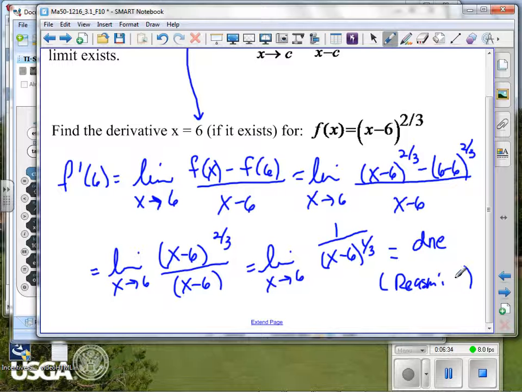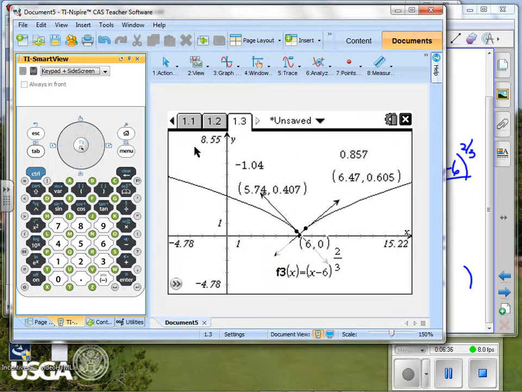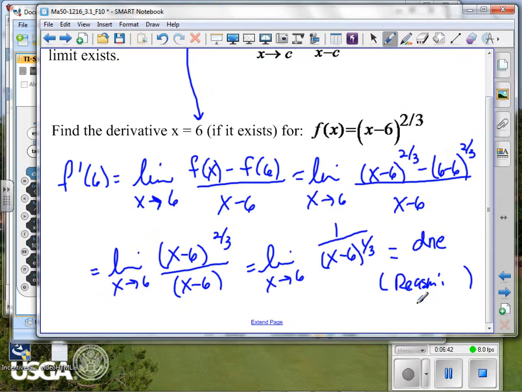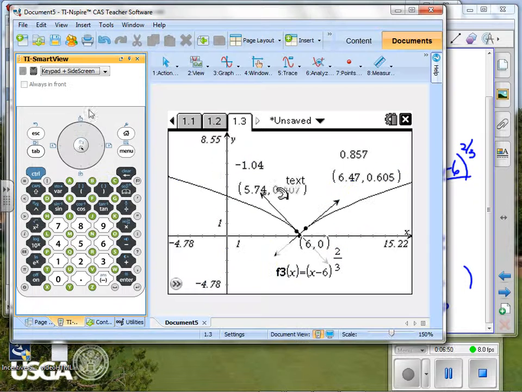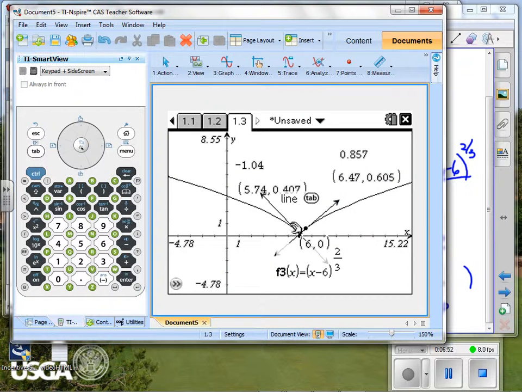I'm going to give you another word to use instead. We call this point here a cusp. It's spelled C-U-S-P. It means that there's a sharp point in the curve.